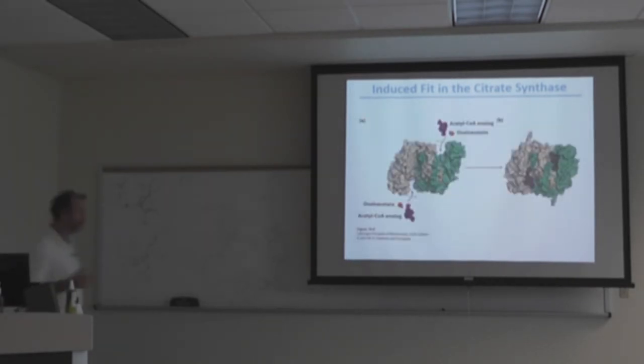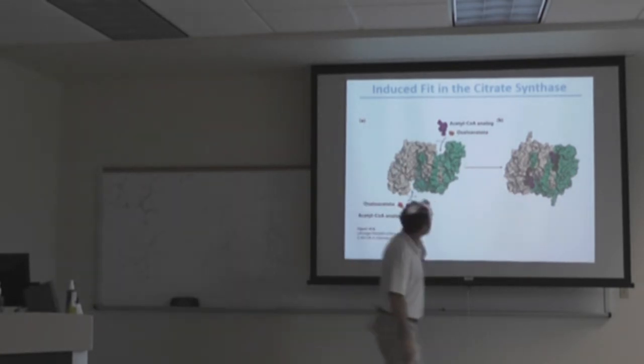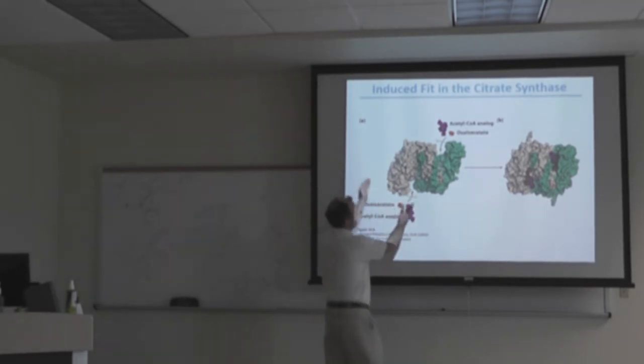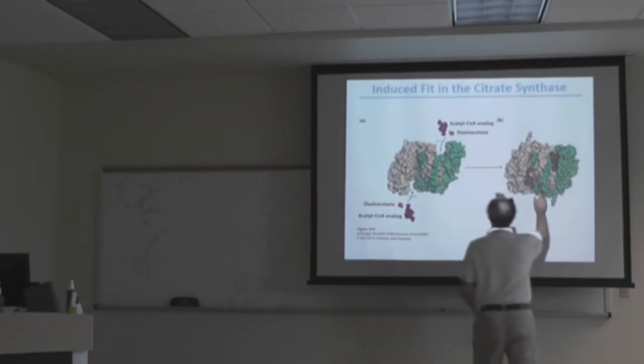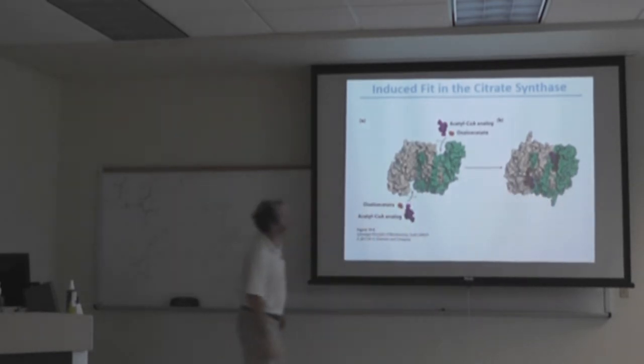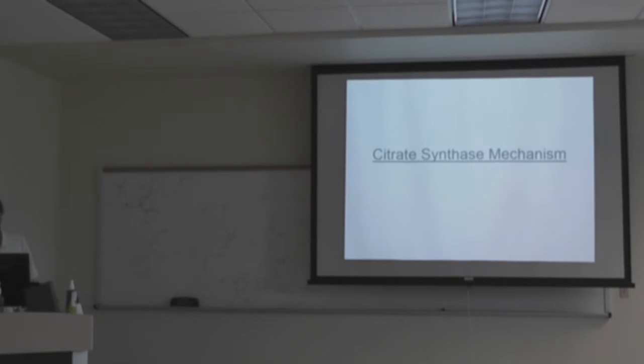And this shows you crystal structures with the open conformation and the closed conformation. The oxaloacetate can bind in, which causes the closed conformation, allowing a binding site for acetyl-CoA. And this next step is the mechanism for citrate synthase.